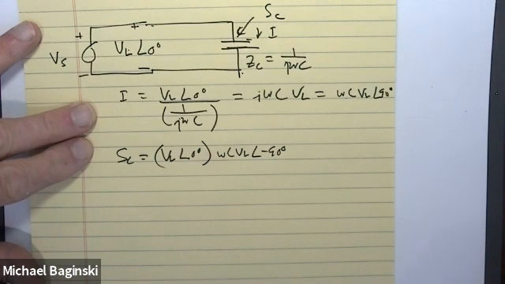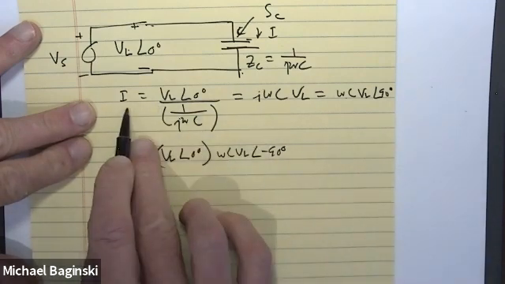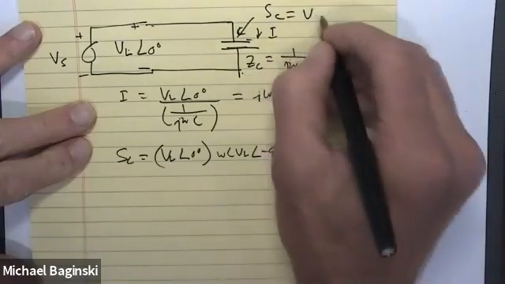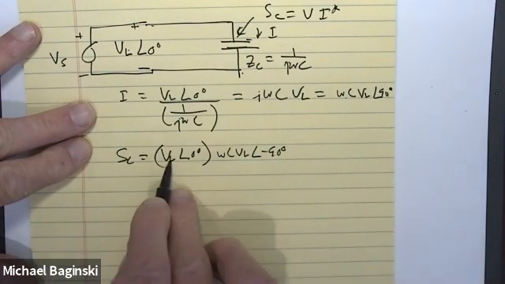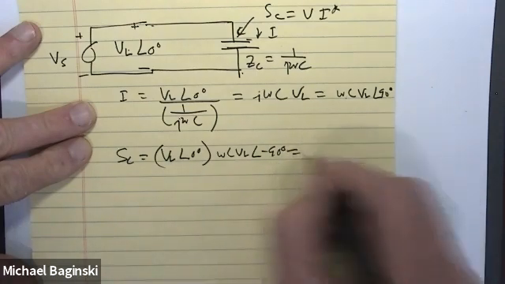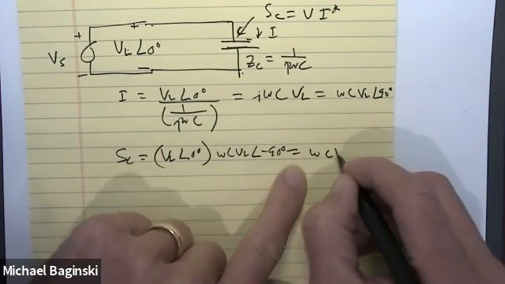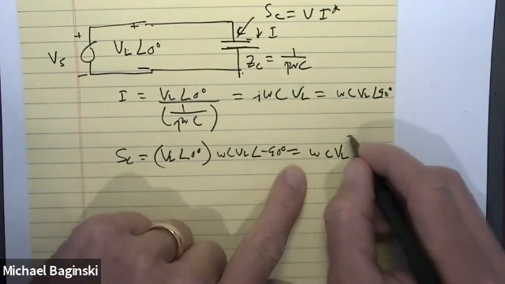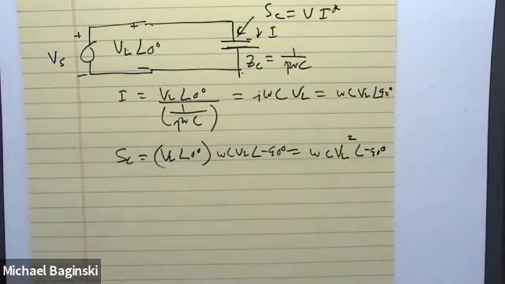I want you to take a careful look and make sure you understand why I've done what I've done. Because this is I, and the complex power is equal to V times I conjugate, right? So I have to conjugate it, change the angle, and now when I get complex power, I have this times this, and what do you see that's becoming? Isn't that just omega times C times the voltage across that capacitor squared, the magnitude, and it's at minus 90 degrees. Do you all agree with me there?